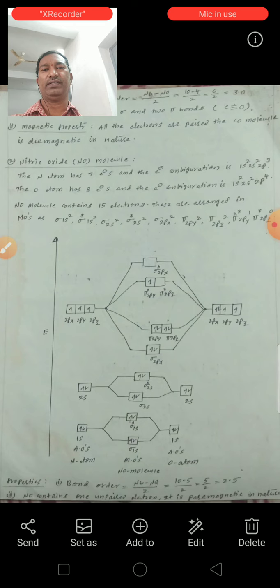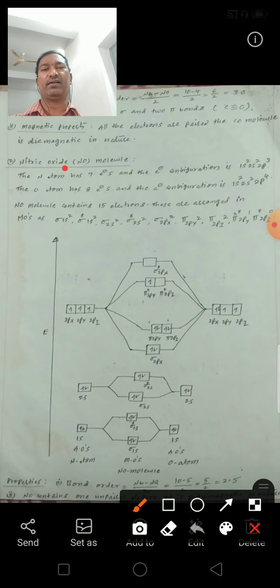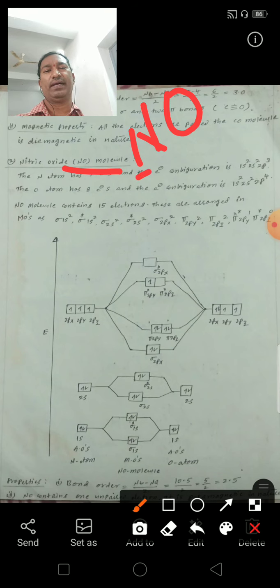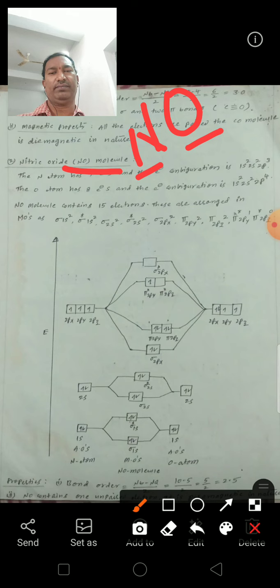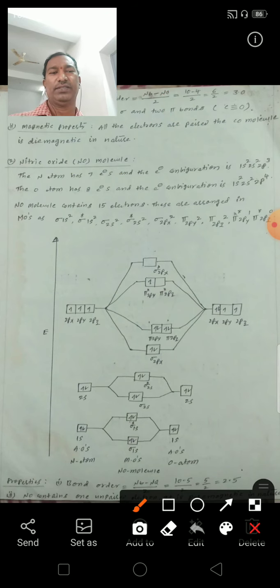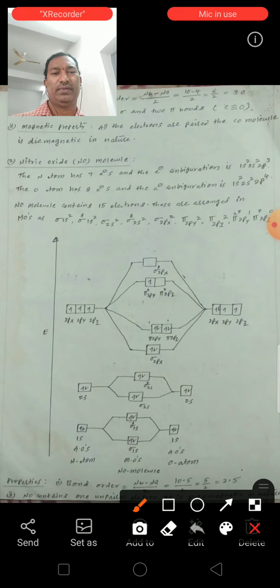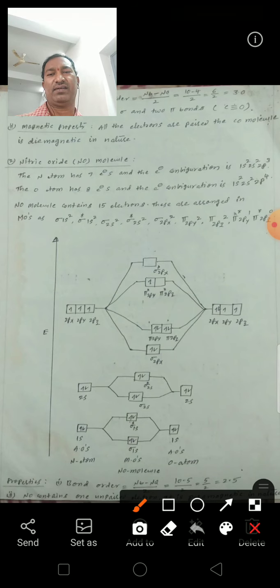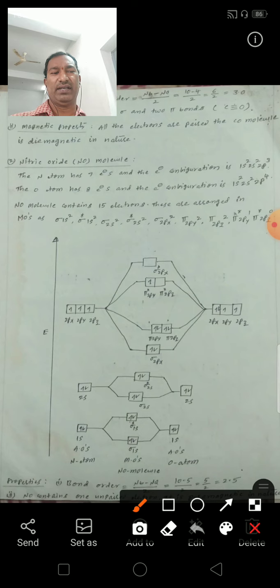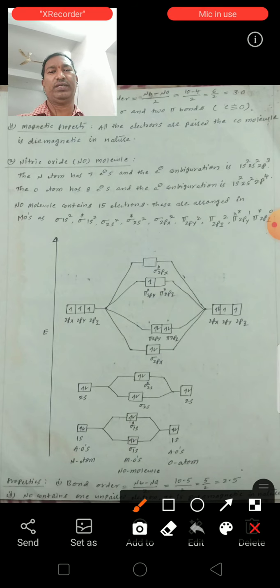Next molecule is nitric oxide, NO. The NO molecule is formed by the combination of a nitrogen atom and an oxygen atom. The atomic number of nitrogen is 7, so the nitrogen atom has 7 electrons, and the electronic configuration is 1s2, 2s2, 2p3.